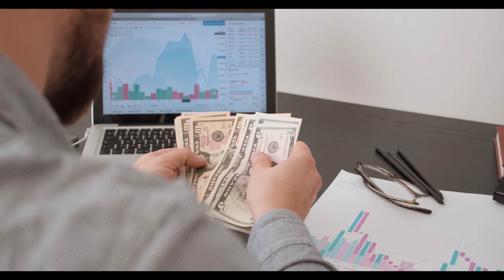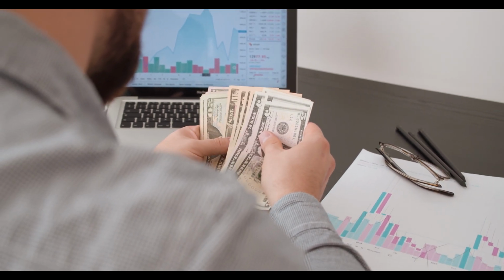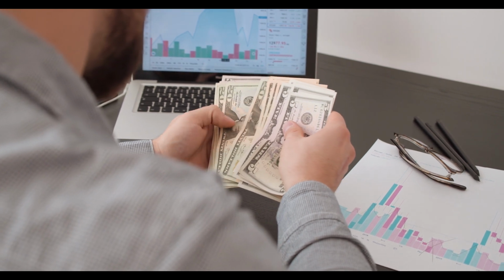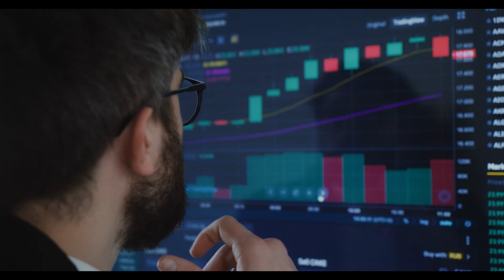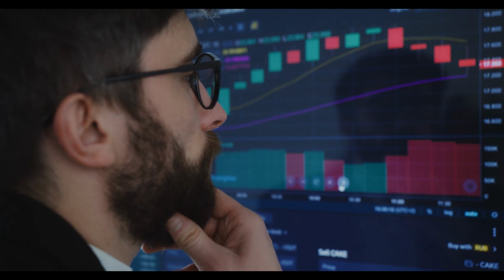The goal is to minimize risk by staying diversified and minimize loss while maximizing gains with the help of technical analysis and the logic, no emotion approach. Step 5.